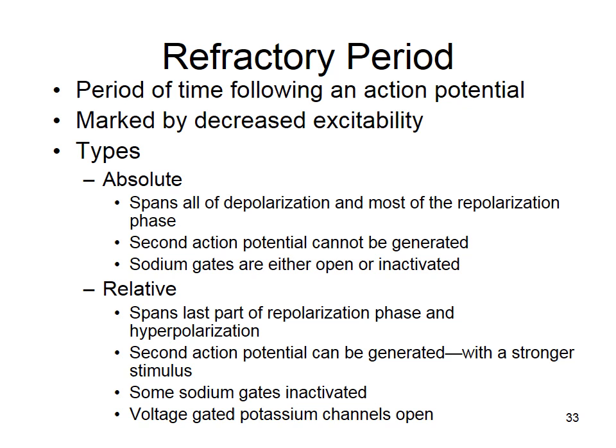Okay, action potentials have what are called refractory periods. They're time periods where you have decreased excitability. And we're going to talk about two refractory periods, the absolute refractory period and the relative refractory period. Absolute, think of as being when there's absolutely no more action potentials.